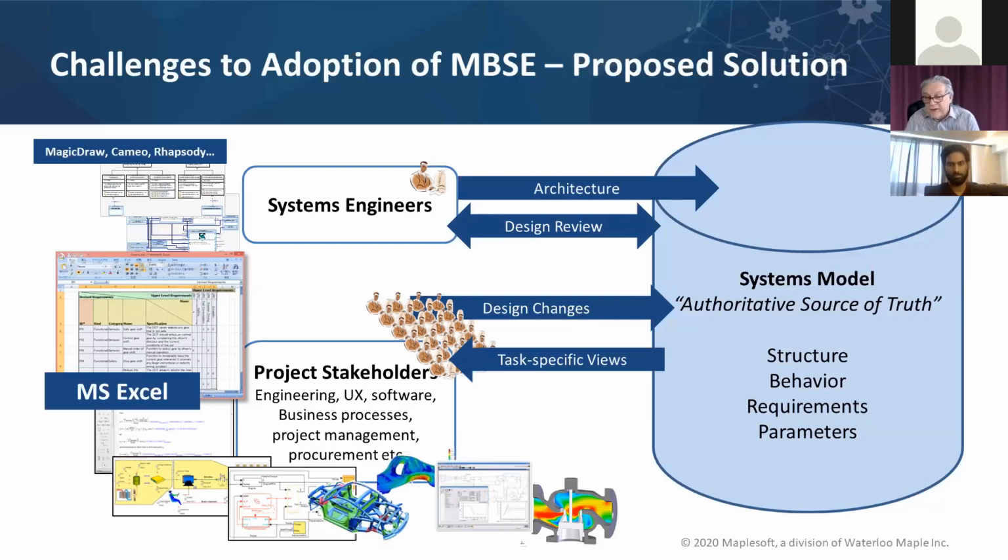All the information that the other stakeholders have put into the systems model becomes much more accessible. Now the systems engineer can perform much more effective design reviews, accept or reject the changes, and submit them to the final systems model.